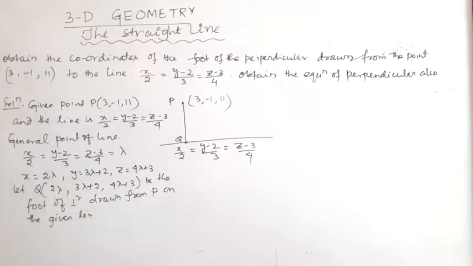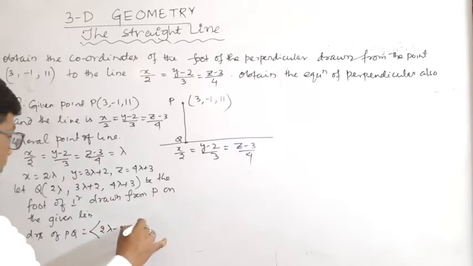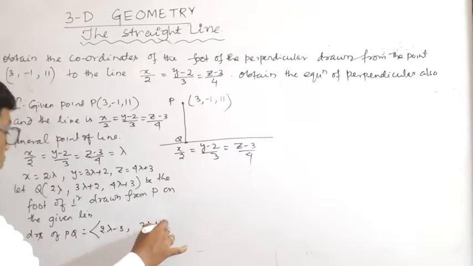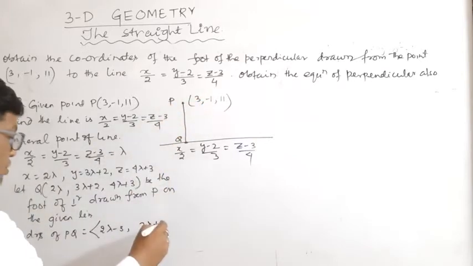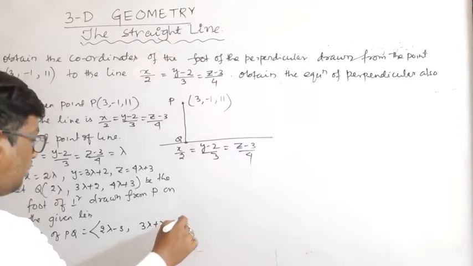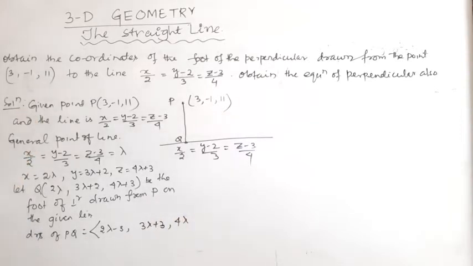So the DRs of PQ are 2 lambda - 3, 3 lambda + 2 - (-1), and 4 lambda + 3 - 11.